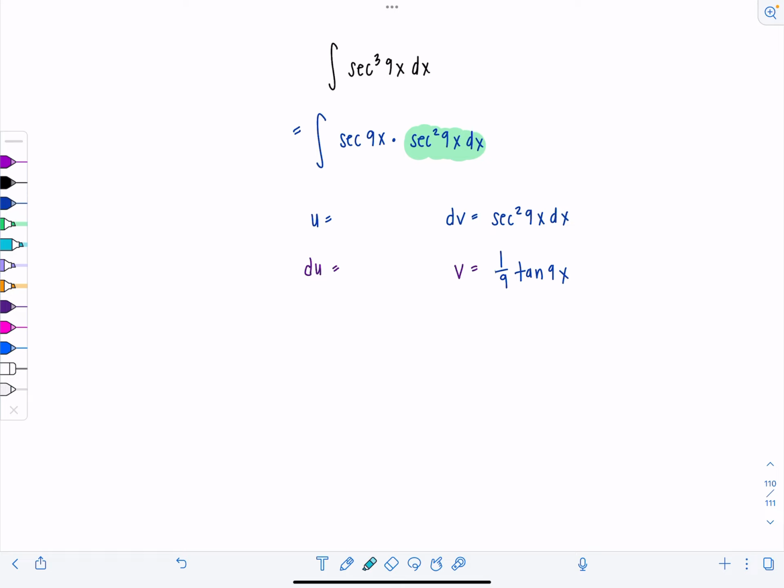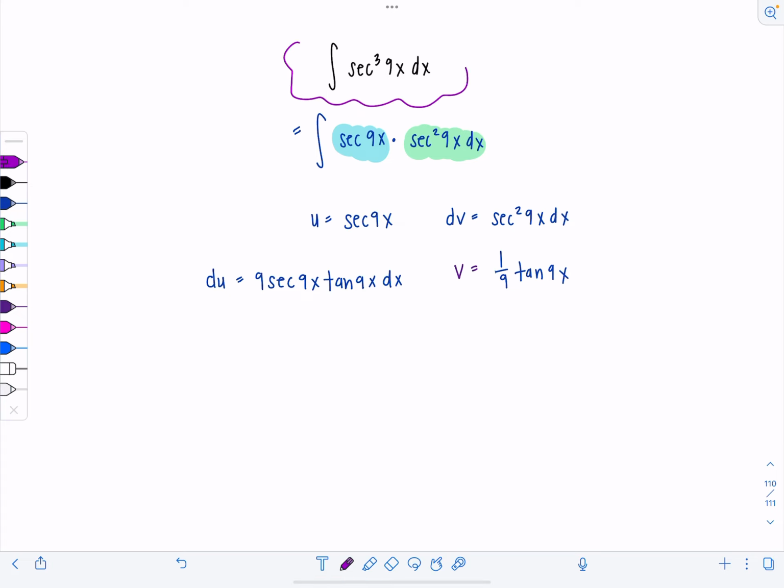That means u is going to be the only thing that's left, which is secant 9x. And then du is the derivative of that. Let me scoot this over, because we know the derivative of secant 9x is going to be 9 secant 9x tan 9x dx. All right? Good. So we have our original integral, secant cubed 9x.